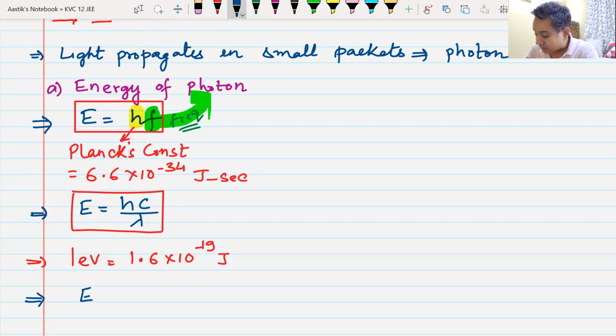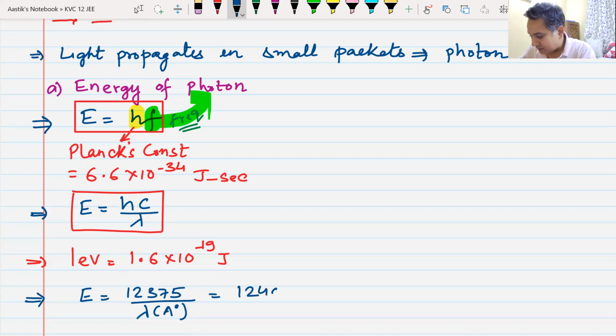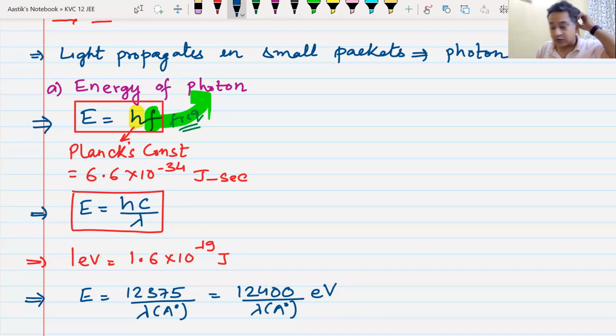So you can have this shortcut formula, sometimes written as 12,375, which is approximately the same, divided by lambda in Armstrong unit, or you can also sometimes write it as 12,400 divided by lambda in Armstrong unit, and the answer that you will get would be in electron volt.